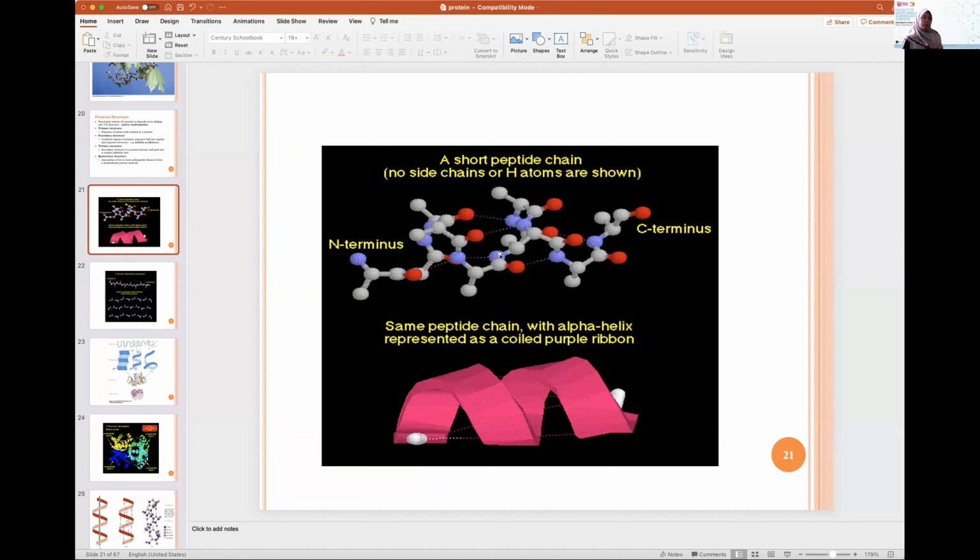For this short one, we can consider they put all glycine here, so there will be no side chain, but you will need to attach your side chain depending on the amino acid that you have selected. Same polypeptide chain with alpha helix represented as a coiled purple ribbon. For this case, we had a secondary structure represented by alpha helix or beta sheet.